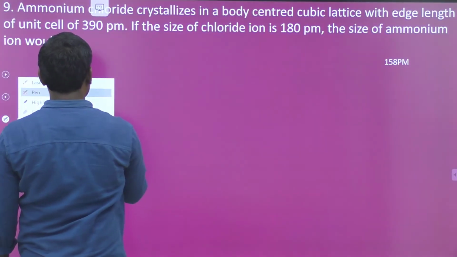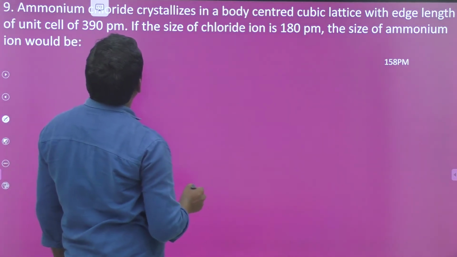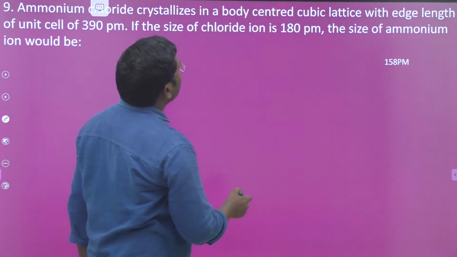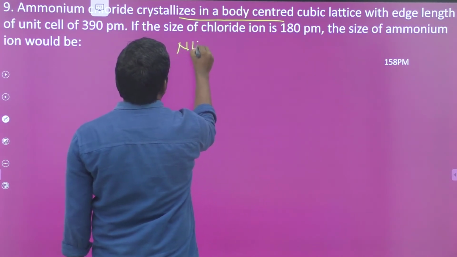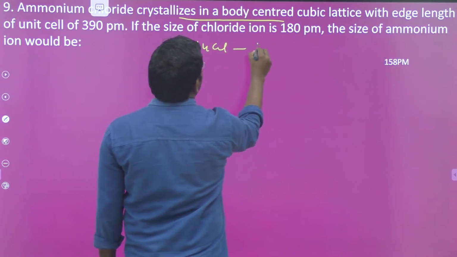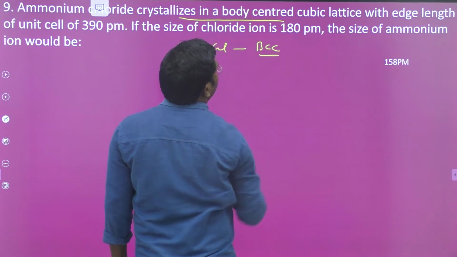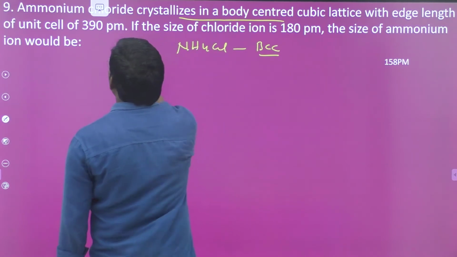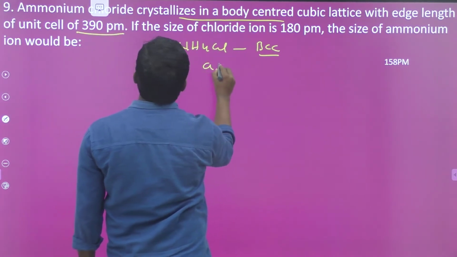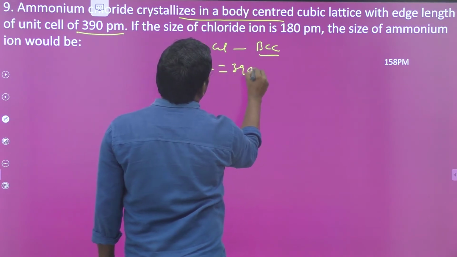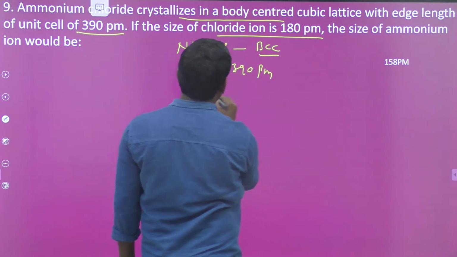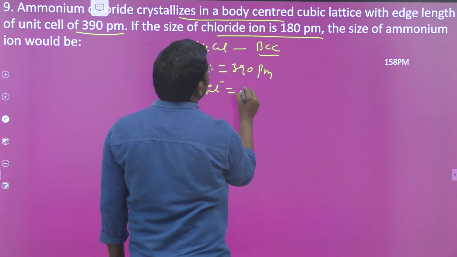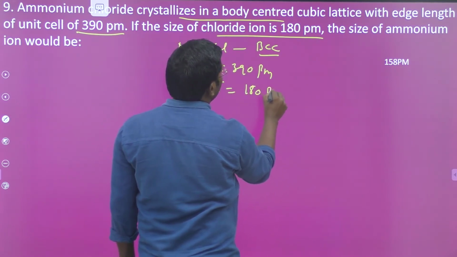Next question. Ammonium chloride, that means NH4Cl, crystallizes in a body centered cubic lattice with the edge length A of the unit cell equal to 390 picometer. The size of the chloride ion, that means Cl minus, is 180 picometer.